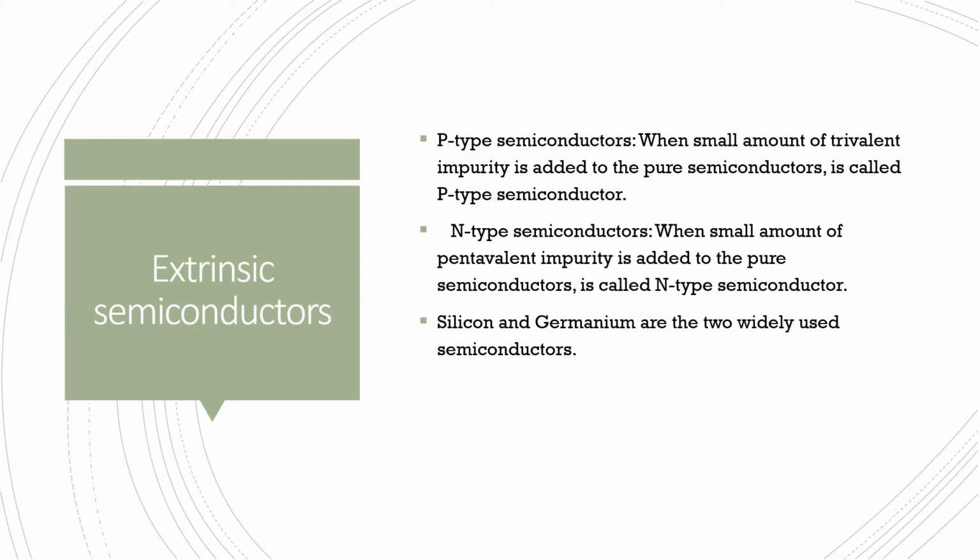And when a small amount of pentavalent impurity is added to the pure semiconductor, then it is called an N-type semiconductor. Silicon and germanium are the widely used semiconductors.